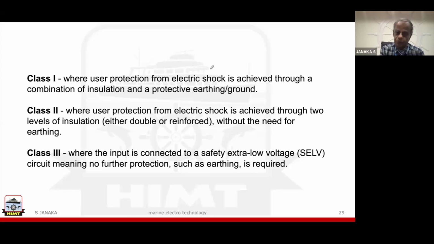The third method is where the input is a safety extra low voltage, which normally may not create a heavy shock, only a very mild shock which may not even be felt.